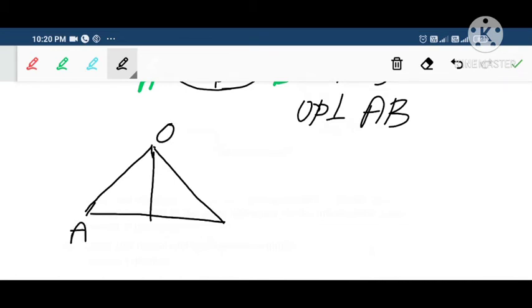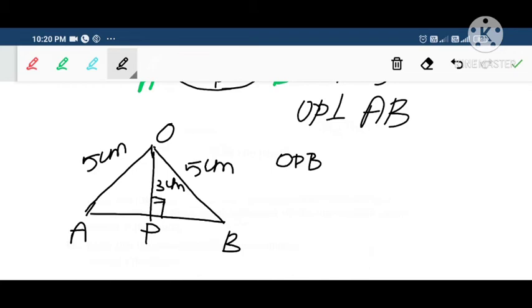With the point of contact P, it is perpendicular. Perpendicular means it shows a 90-degree angle. Already you know this is 5 centimeter and this one is 5 centimeter, and OP is 3 centimeter. Now I take the right angle triangle OPB.